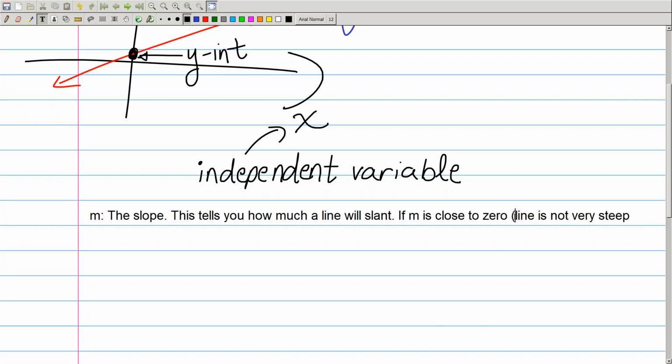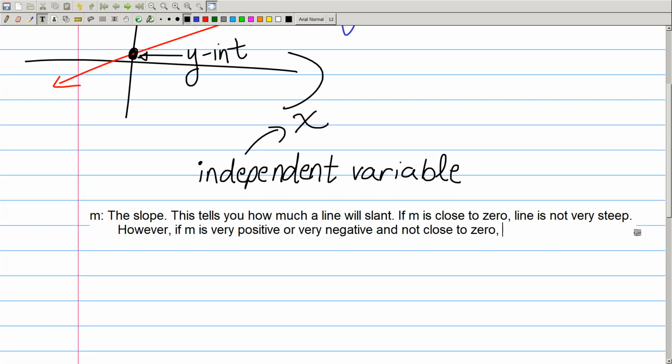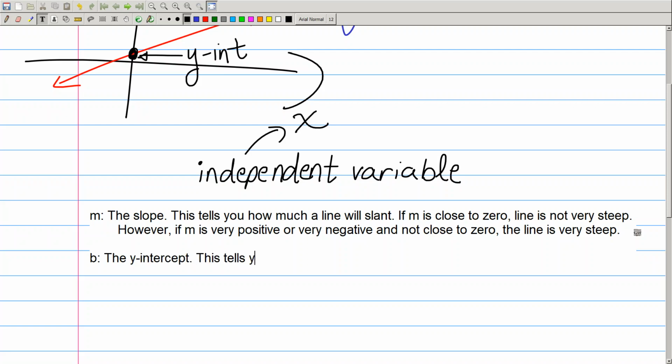However, if m is very positive or very negative and not close to 0, the line is very steep. And b represents the y-intercept. This tells you where the line hits the y-axis. There you go.